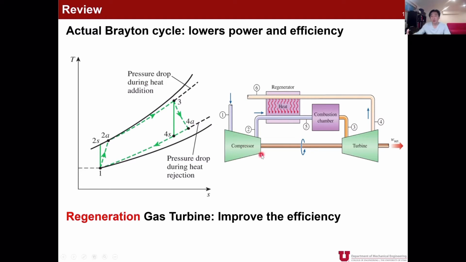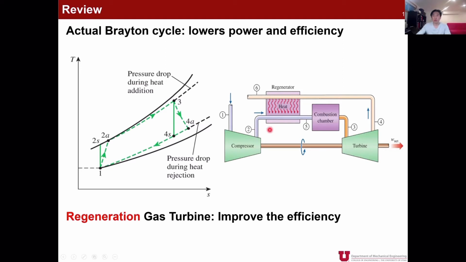The first thing we can consider is to use a regeneration gas turbine. The purpose of having the regeneration system in the gas turbine is to improve the thermal efficiency. The core is placing a regenerator, or a heat exchanger, at the turbine exit, such that the hot exhaust gas can transfer its heat to preheat the air that comes out from the compressor.